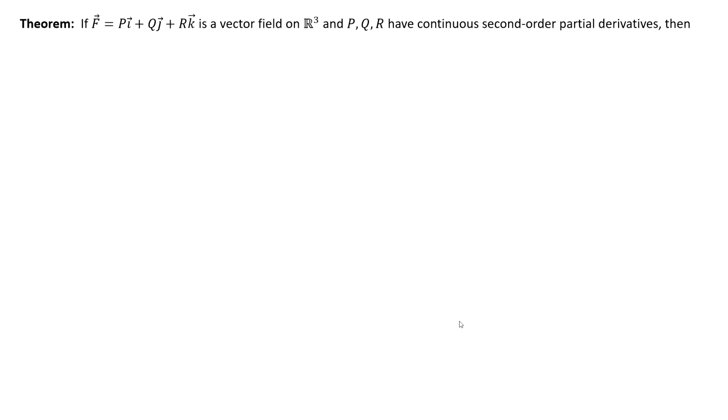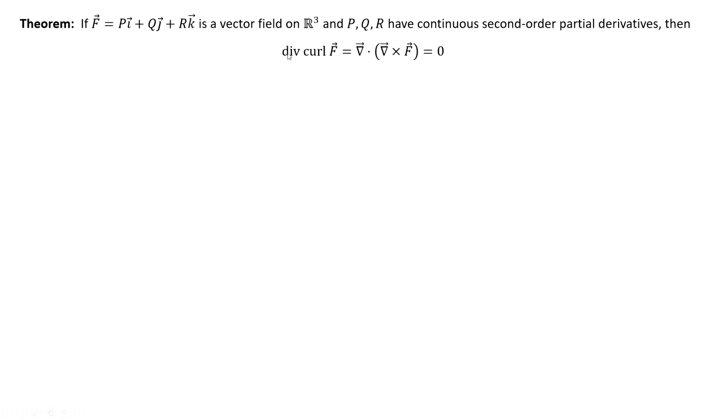All right, so I'm not going to prove that. But if F is Pi plus Qj plus Rk, this is another theorem. Earlier, we had curl of del f, curl of del f was 0. But now this theorem says the divergence of curl of F is also 0.